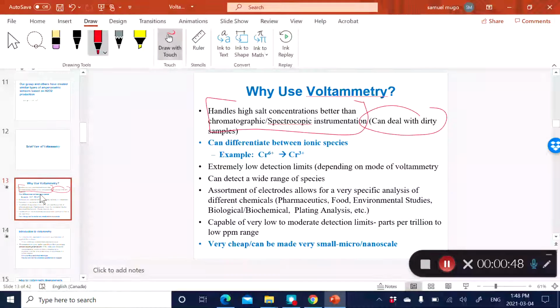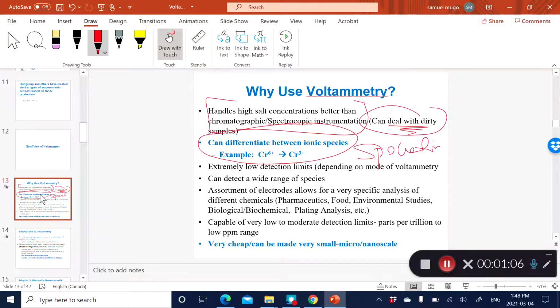So photometry is very handy in the fact that you don't need to do chromatography, separation, and so on, especially if you've got a very specific sensor. I've already mentioned before, another huge advantage of photometry is the fact that you can do speciation, analyte speciation. And analyte speciation means you can differentiate between oxidation states.